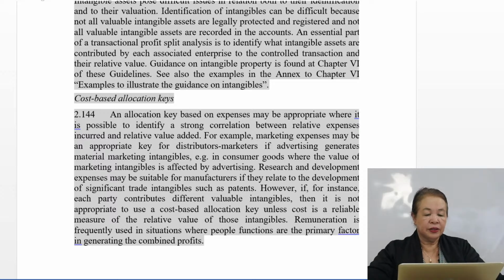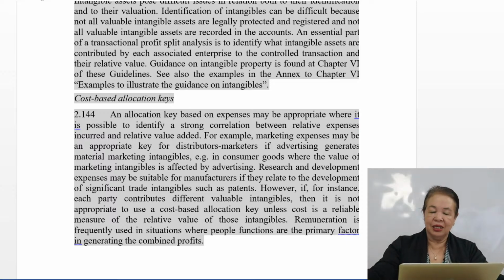No? So, cost-based allocation key. So, sa cost naman yung basis ng allocation, no? Siguro kung sino yung pinakamalaking cost, siya rin yung pinakamalaki ang share sa profit, no? An allocation key based on expenses may be appropriate where it is possible to identify a strong correlation between relative expenses incurred and relative value added, no?